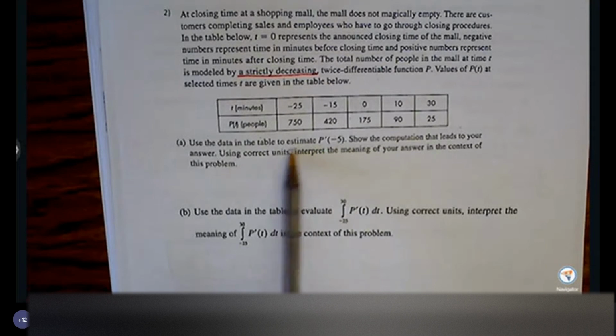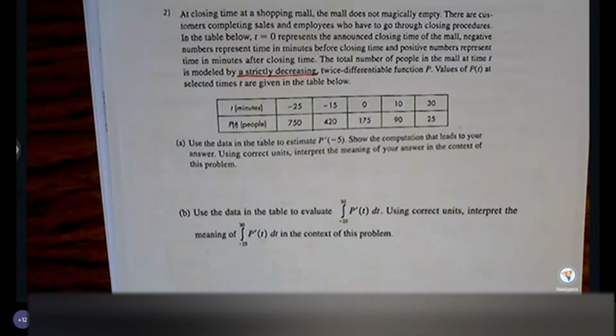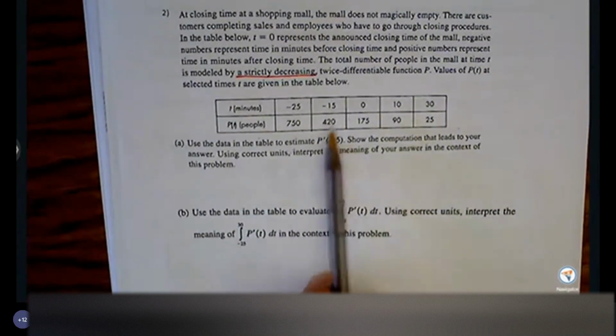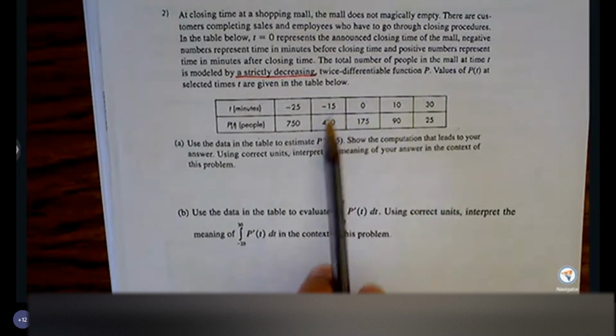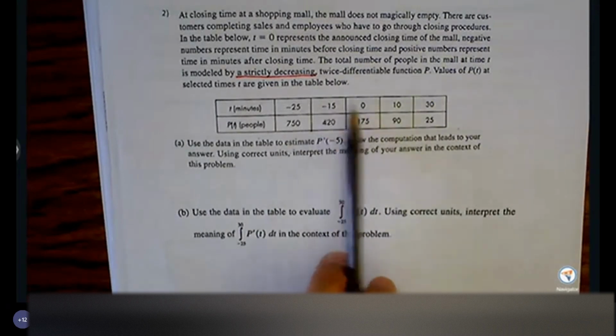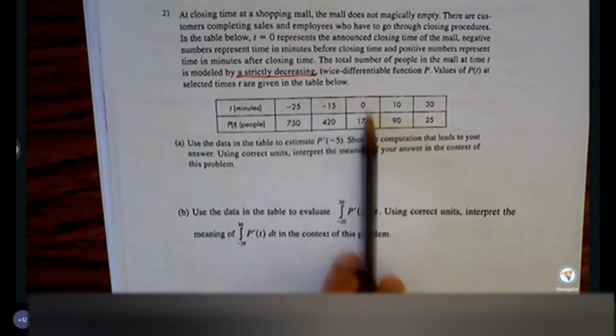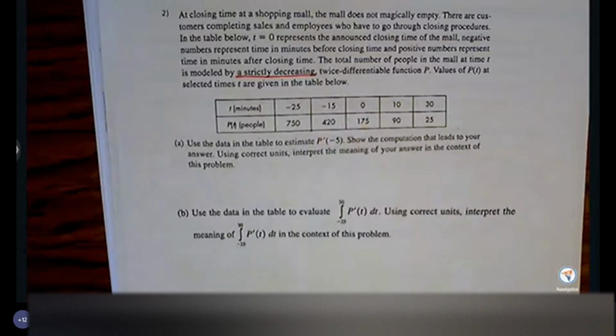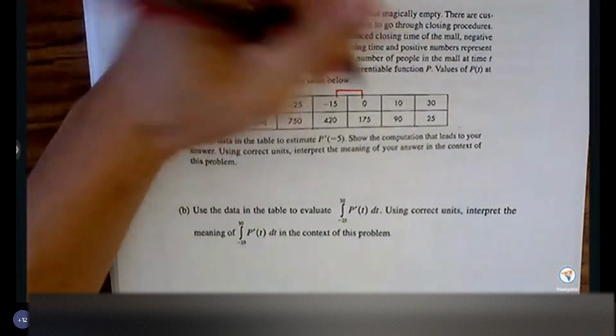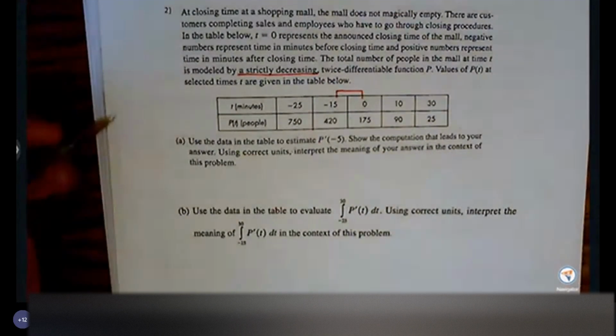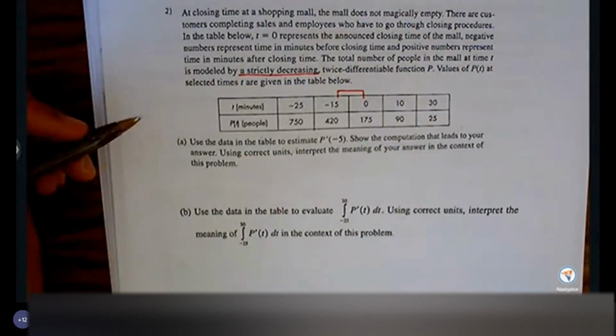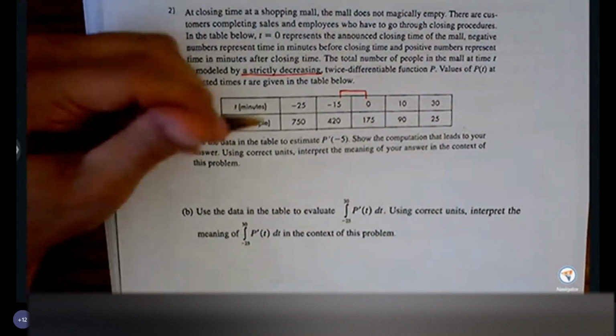We just have to get our best approximation based off of our table. So -5 is going to live between -15 and 0. We'll choose the closest ordered pairs, and we'll find the slope from there. So we'll just do change in P of t over change in minutes.